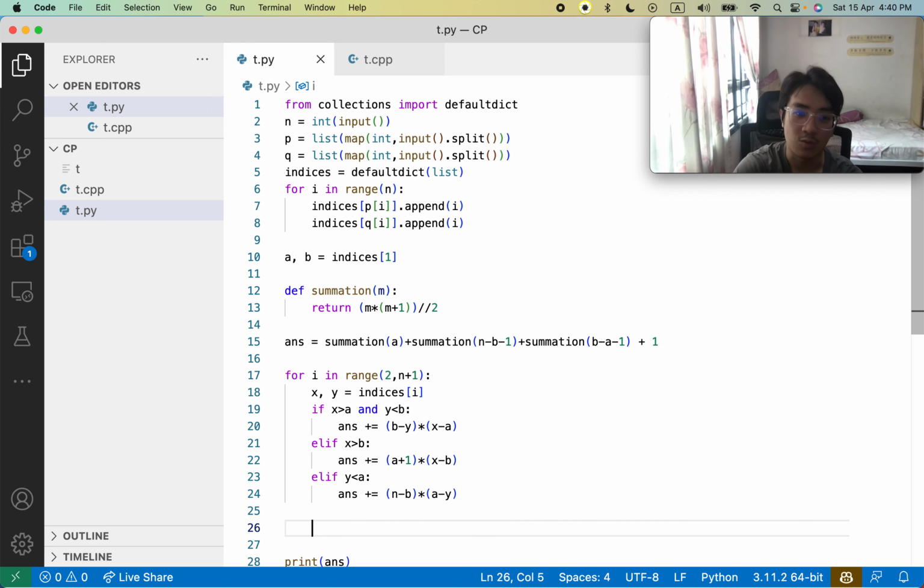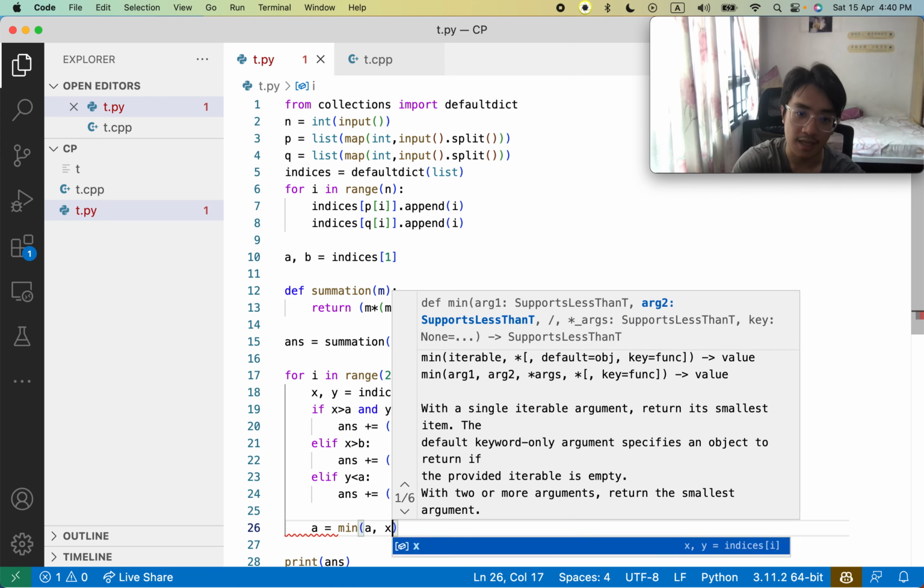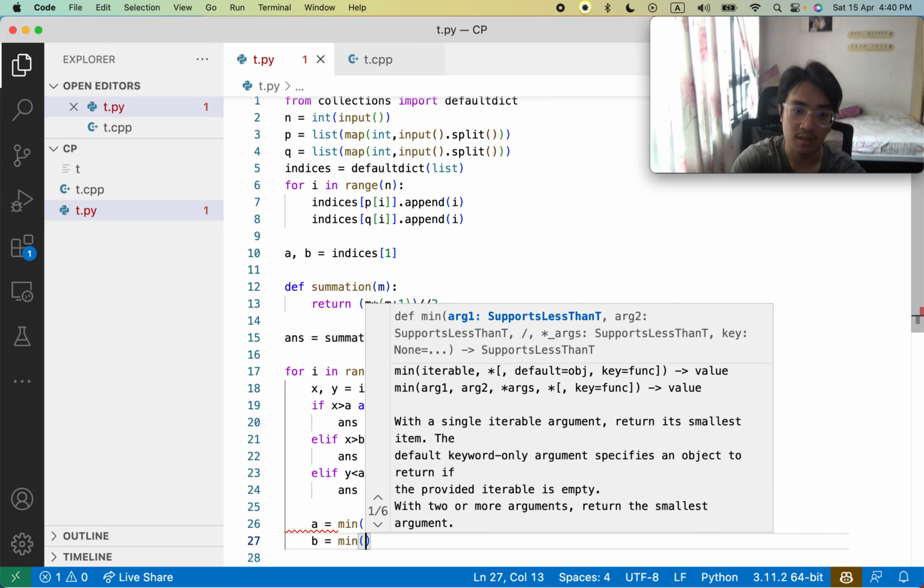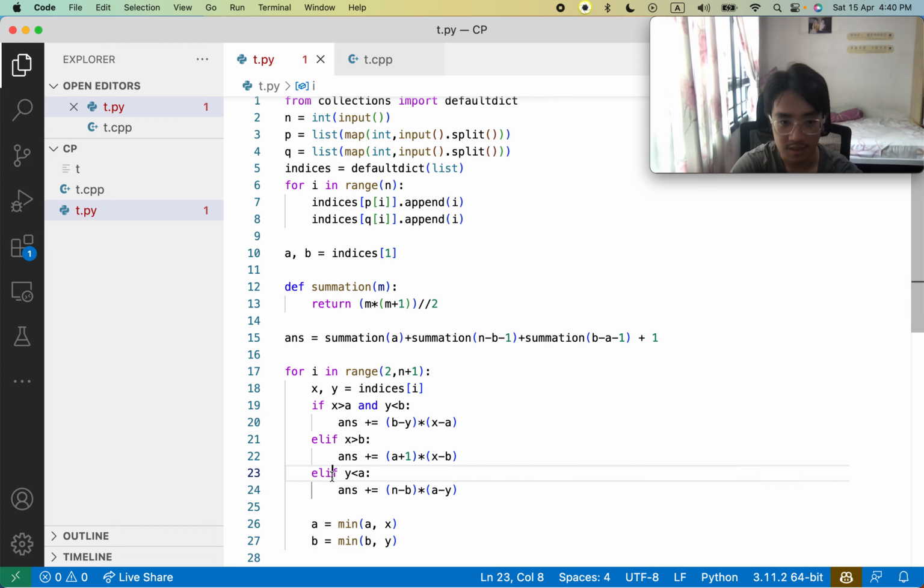And now we have to remember to set the new a and b values. So it's going to be a equals min of a and x, and b equals min of b and y, basically.